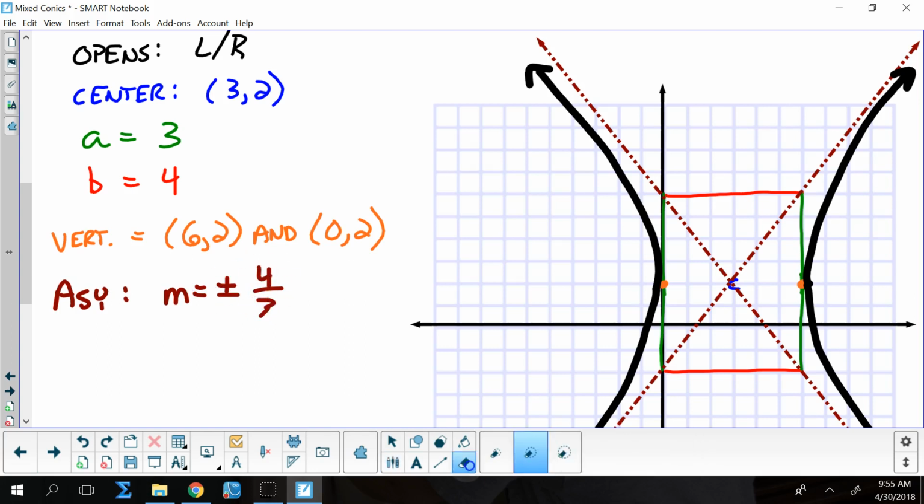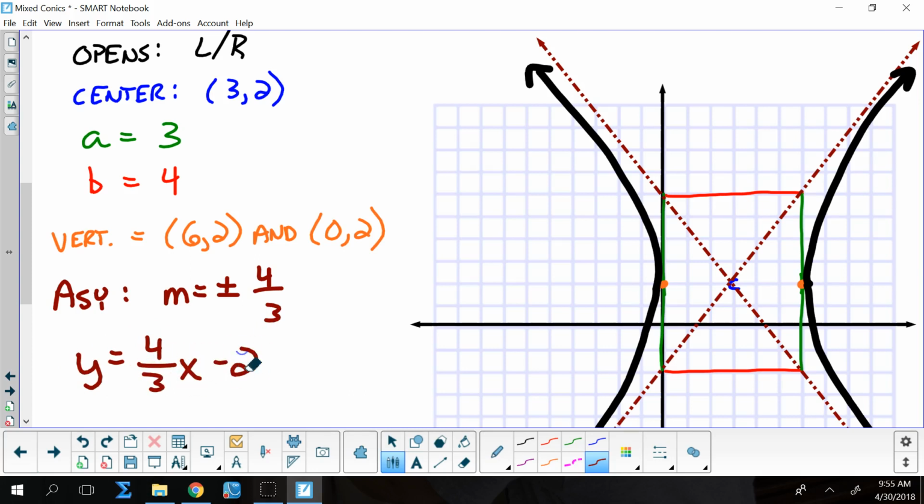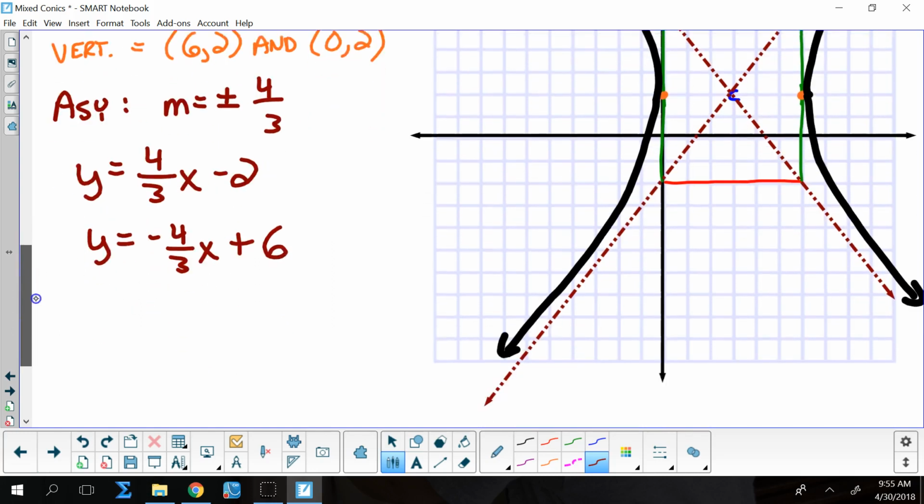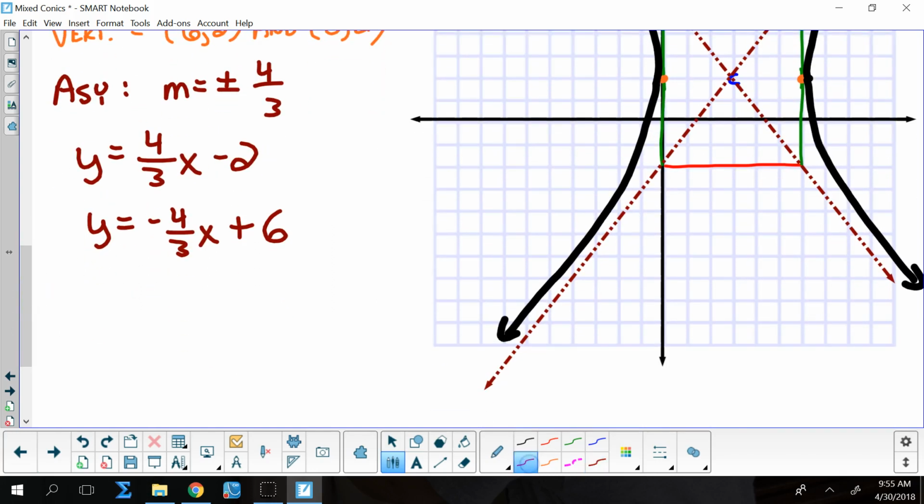Luckily, both of them have y-intercepts. So that gives me y equals positive 4/3 x minus 2, and y equals negative 4/3 x plus 6 for my asymptotes. Next, I need to find the foci.